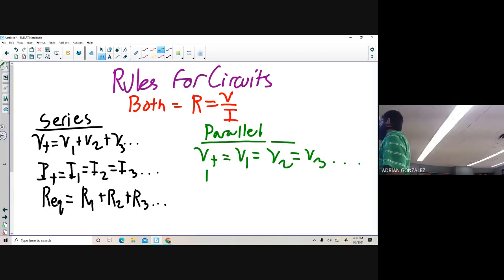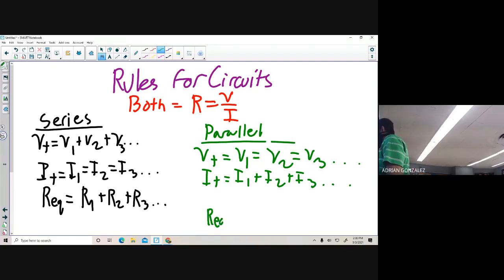Okay. Current. And equivalent resistance. 1 over equivalent resistance equals 1 over R1 plus 1 over R2, and so on.